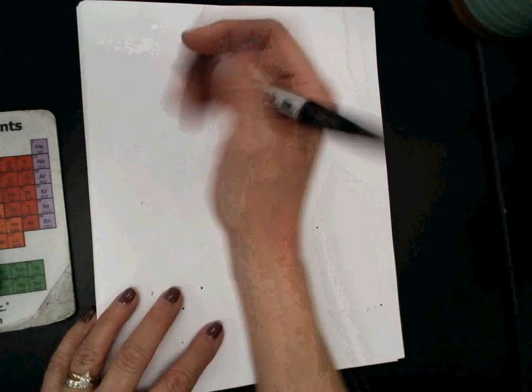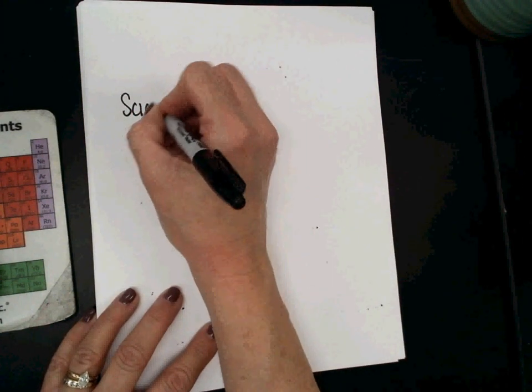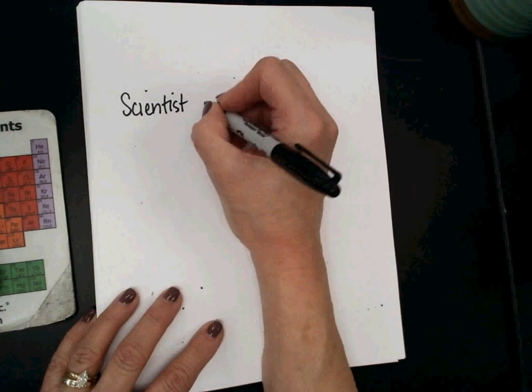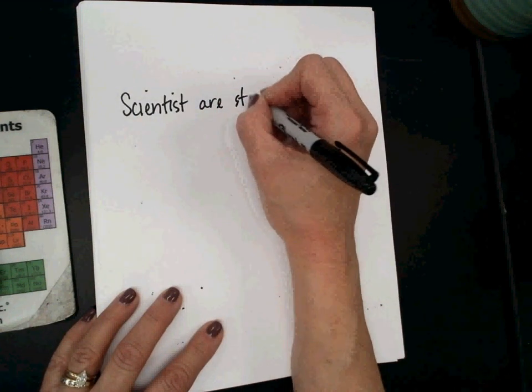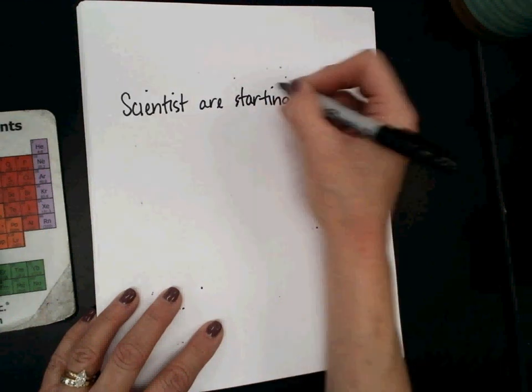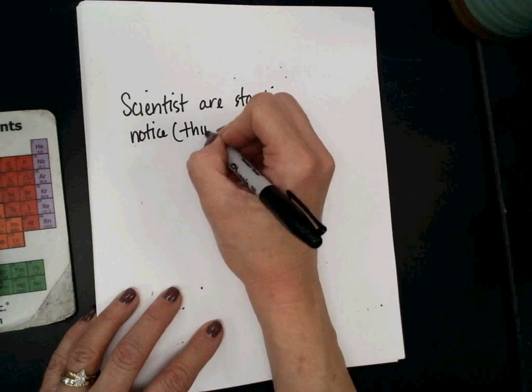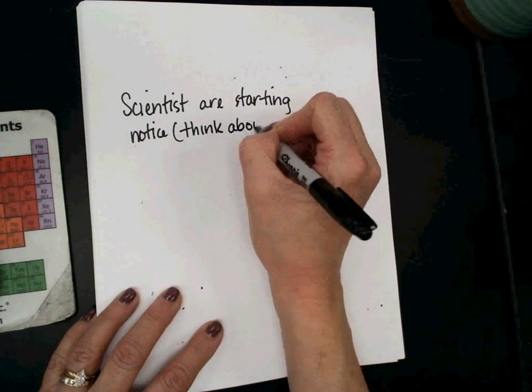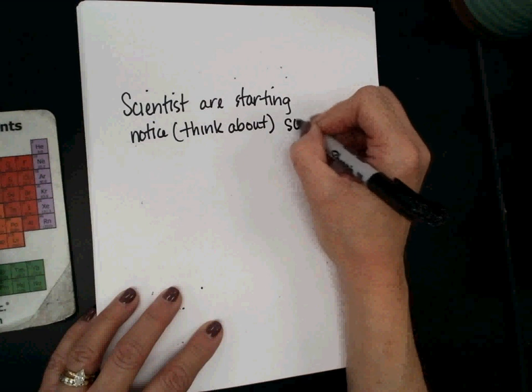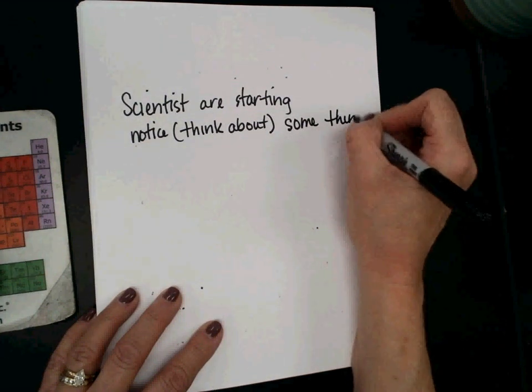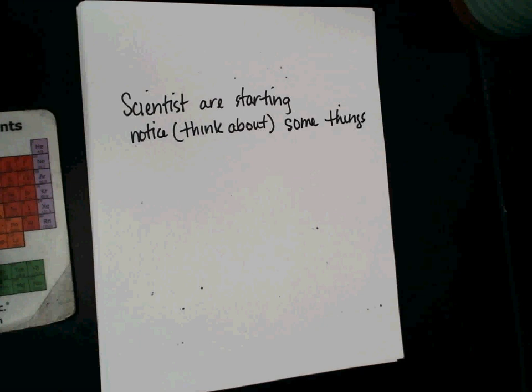So also going on at the same time, scientists are starting to notice or think about some things. Now, certainly, this isn't the first time they notice them, but they start to wonder why they're happening. And let's see if you can relate to these things. I'm going to let you write it down, then I'm going to ask you some things to think about.